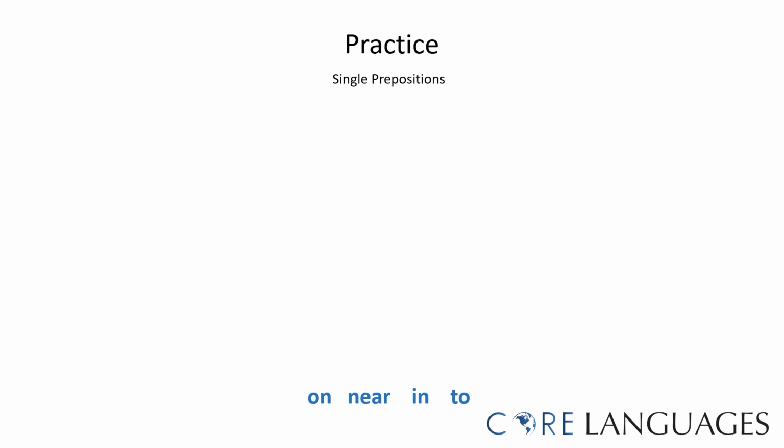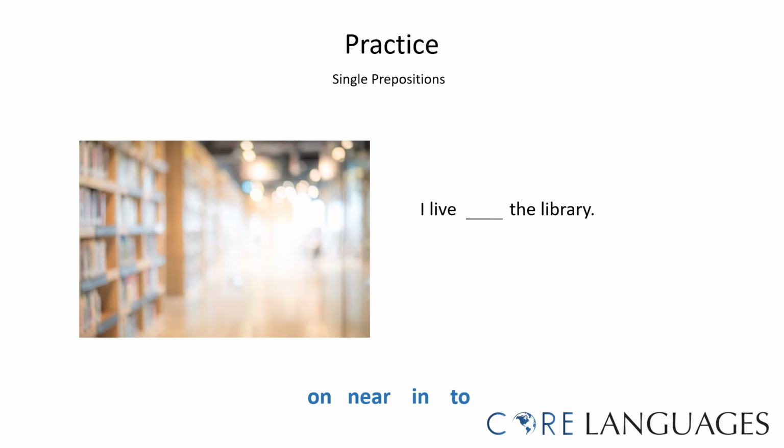Look at the following two sentences and choose between the single prepositions on, near, in, and into to complete them. I live on the library, near the library, in the library, or to the library. The preposition that makes the most sense is near. I live near the library.